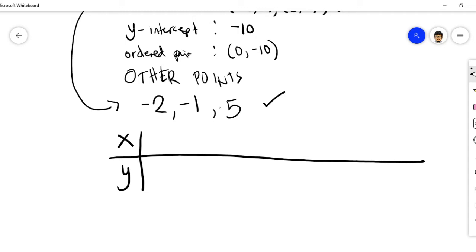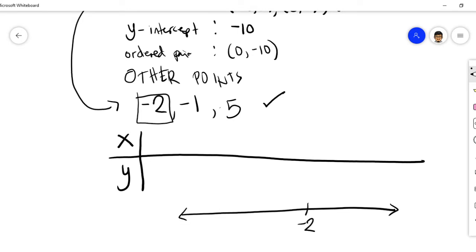Bakit? Kasi hindi basta-bastang maglalagay ng values ng x na wala namang kinalaman sa x-intercept mo. Okay? So, mag-start ka sa negative 2.